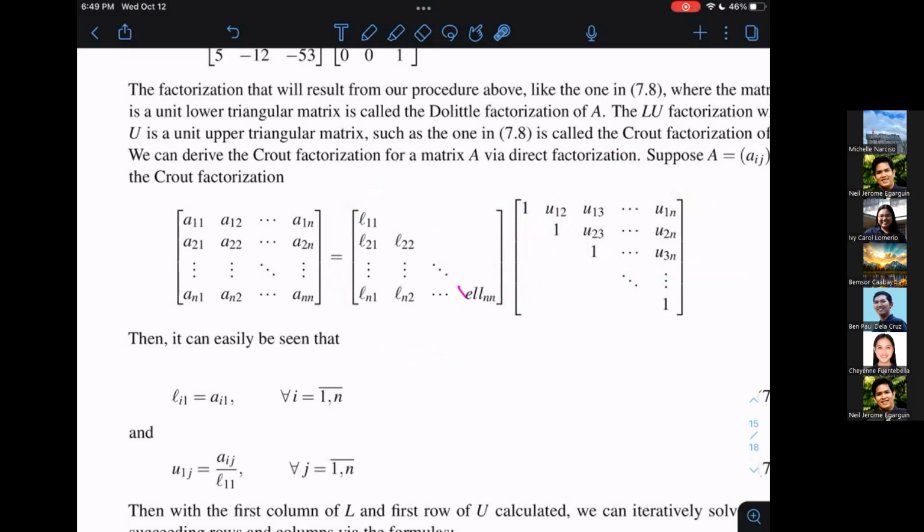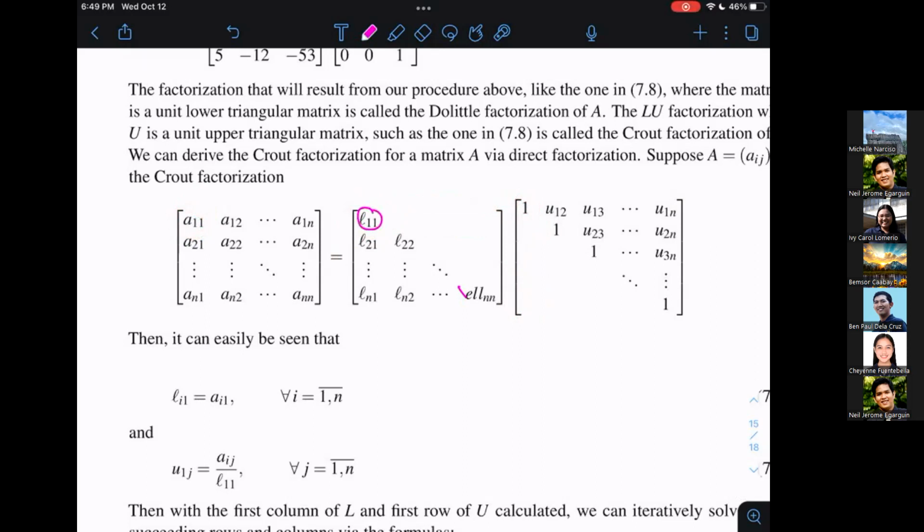Okay? So, paano yung idea? Ganito lang. Carry out the matrix multiplication. So, halimbawa, ito muna. This guy, dot product with this guy, makukuha ko yung first entry nung matrix A. But this will only tell us L11 times 1, which is L11, ay equal kay A11. So, ito ay check na to.